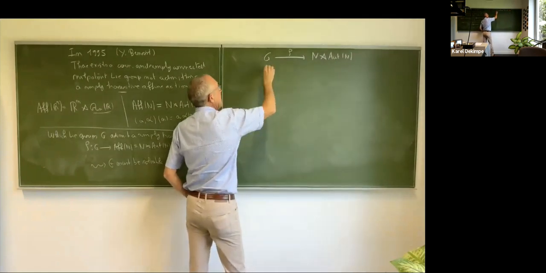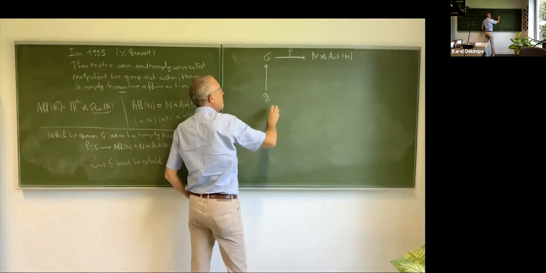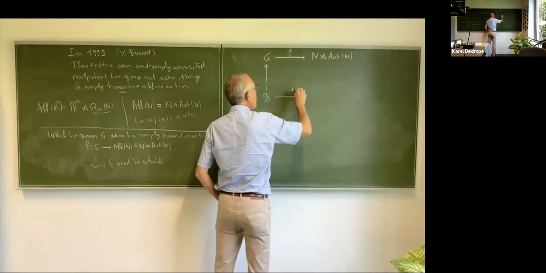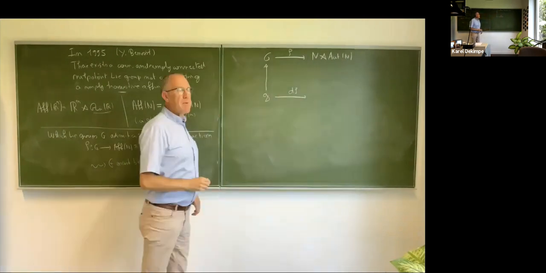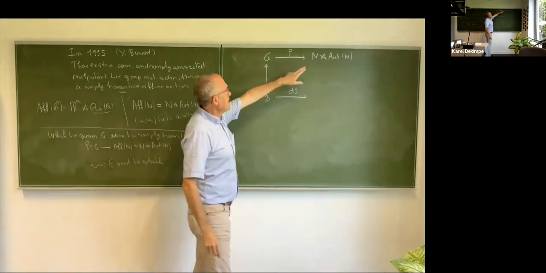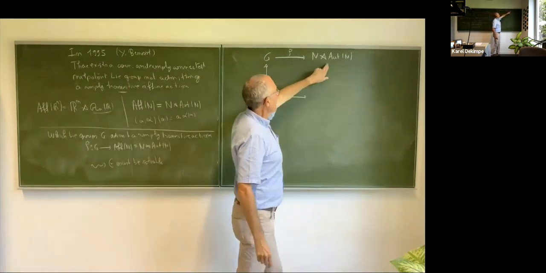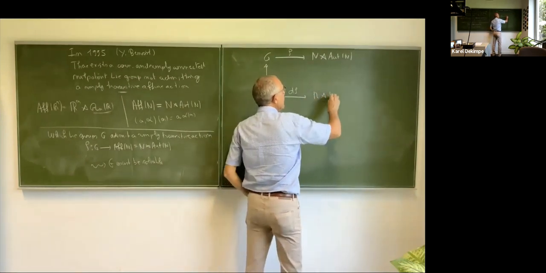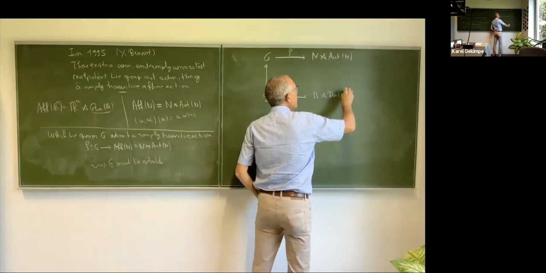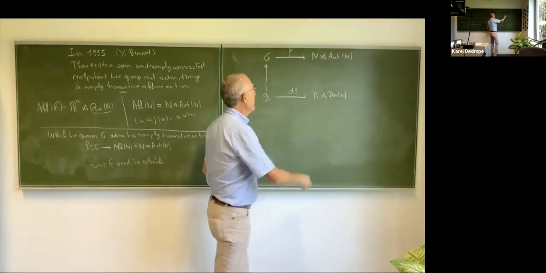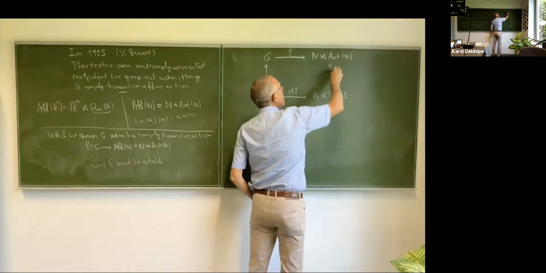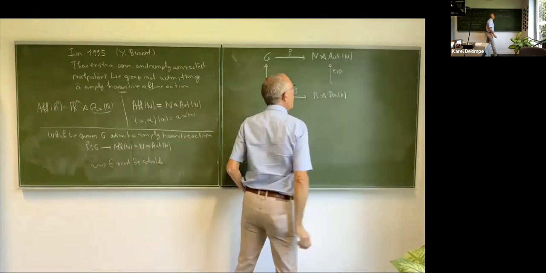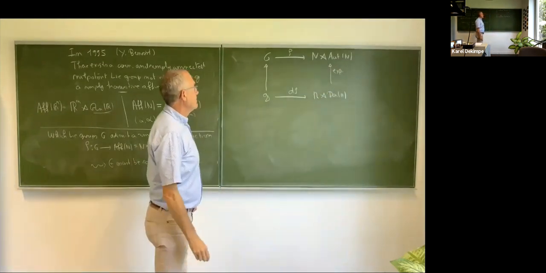Then I have again the diagram with the Lie algebra of G, and the Lie algebra associated to this group, which is a Lie group again, is really n semidirect the derivations of n. Yeah? And I also have such an exponential map over here.